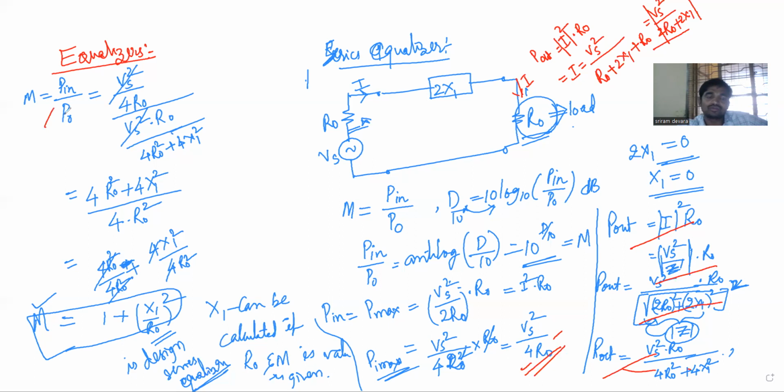M is equal to input power to the output power, where we got M is equal to 1 plus x1 by R naught, whole square. And this x1 is the series equalizer. This can be calculated by knowing the value of R naught and M. M is in terms of dB and R naught in terms of impedances, which we terminated to the electronic circuits or any electrical circuits. This is all about the series equalizer.